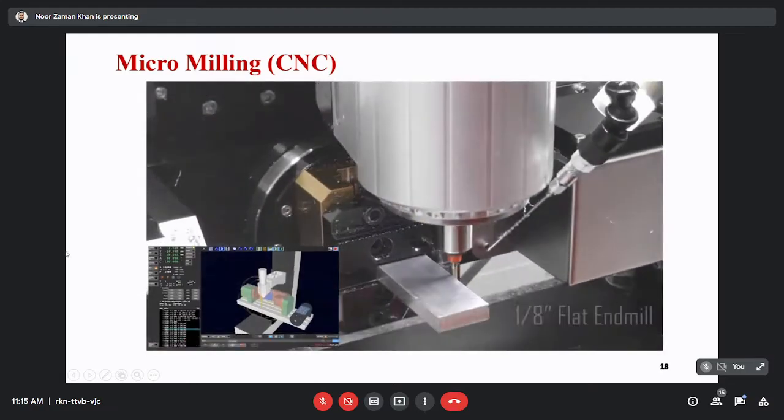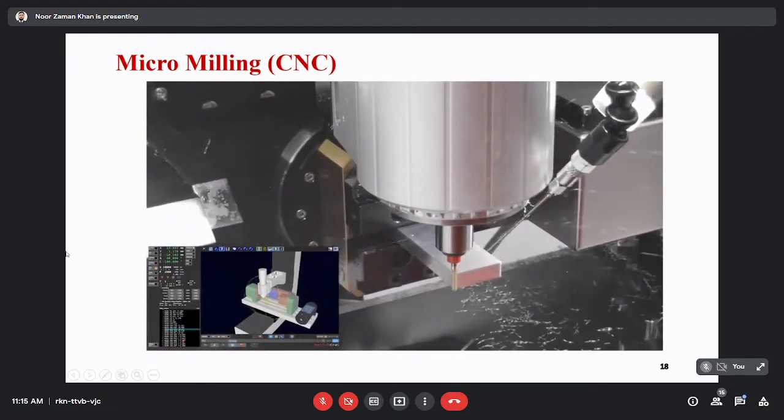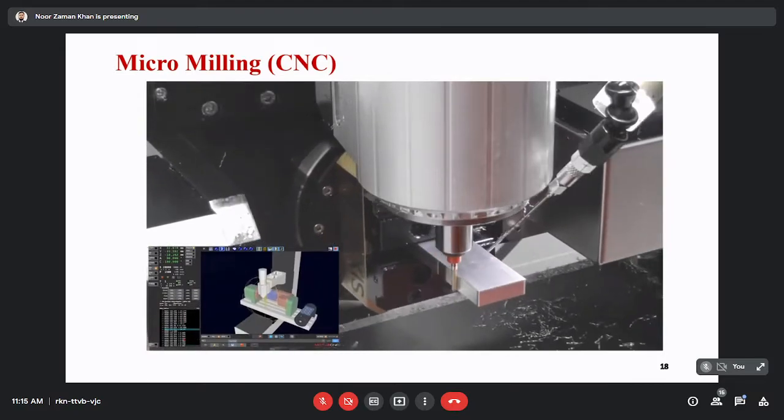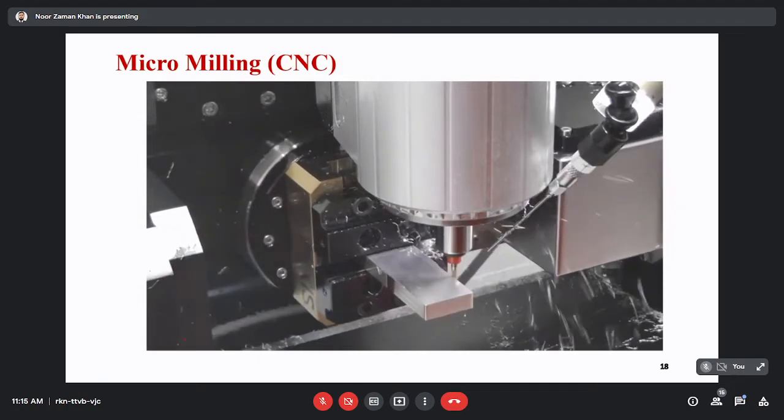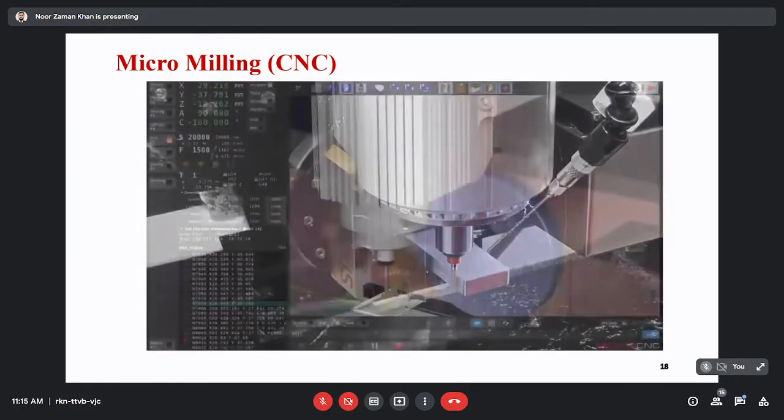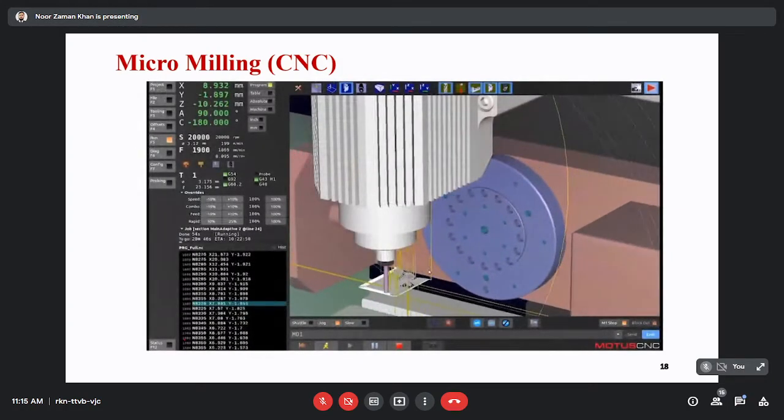Now see, this is the micro milling process. They are currently using a micro end mill of around 3 mm diameter.